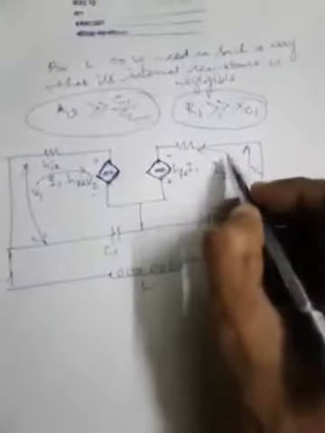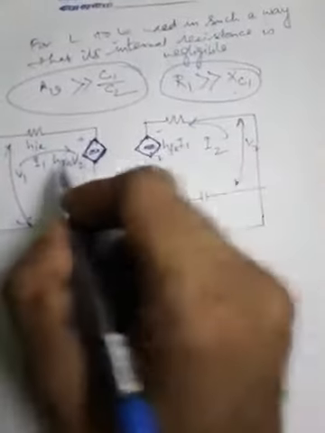I1 is the current flowing in this loop, and I2 is the current flowing in the right loop. So this I2 should be equal to hfe I1, as you know from the hybrid model of transistor, and the value of this impedance is 1 by hoe, that is the admittance.